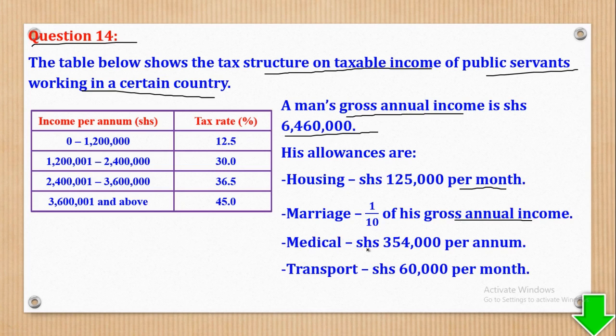Medical allowance is shillings 354,000 per annum. Per annum means per year. Transport is shillings 60,000 per month. So we realize that they have mixed two things, per year and per month. As you're calculating, you must differentiate the two so that they are all uniform.